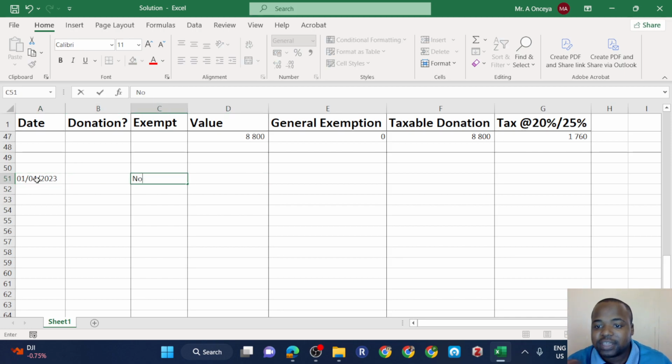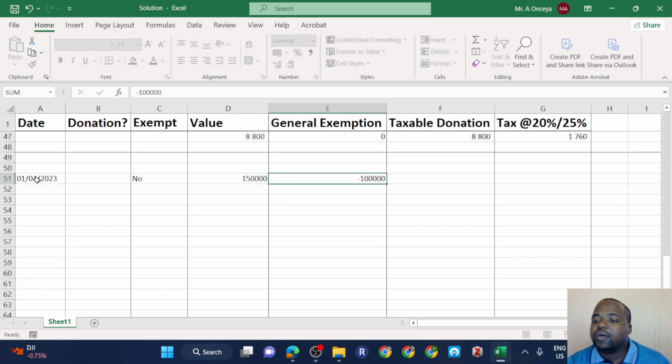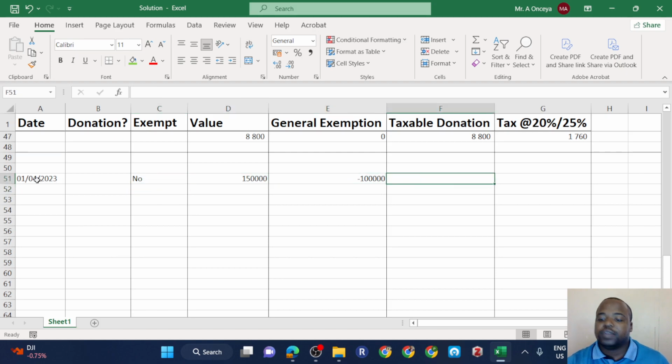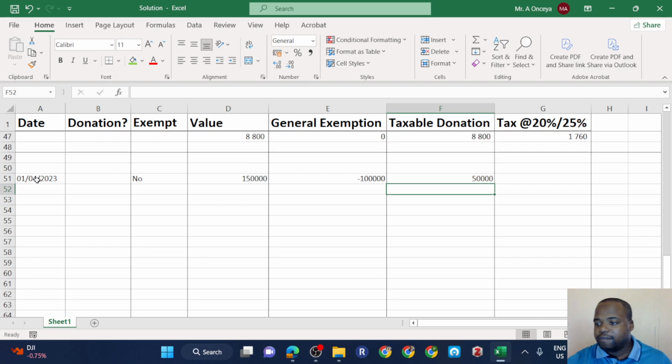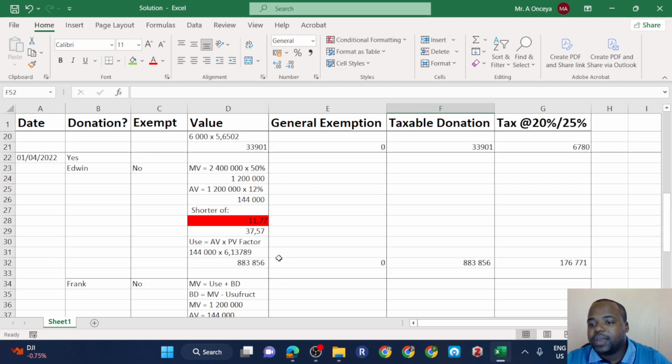Remember, if it was exempt, you'd stop right there. Which is not exempt, you'd have to determine its value. Let's say its value is 150,000 rands, and then you'd apply the new 100,000 rand exemption for the new year of assessment, thus taking your value to 50,000 rands, and you tax them on 50,000 rands, for example. So be mindful of that.